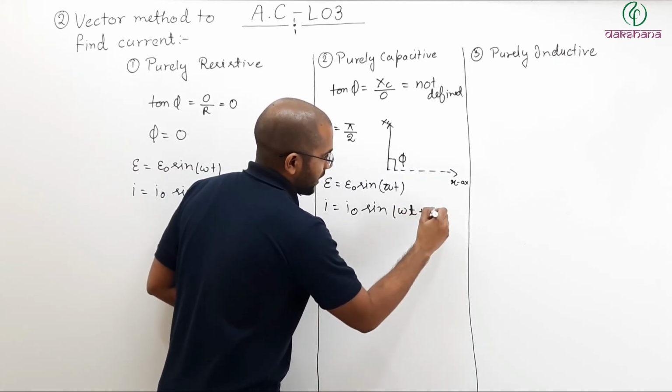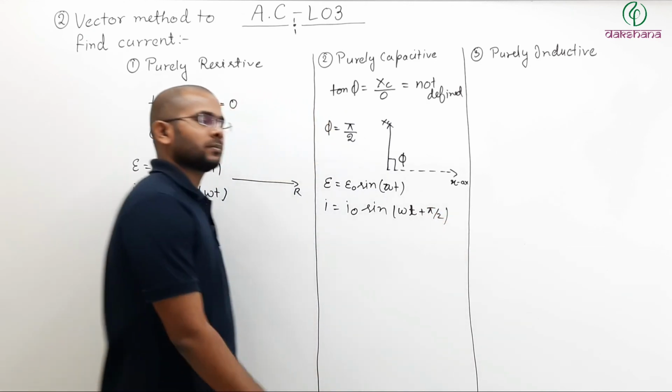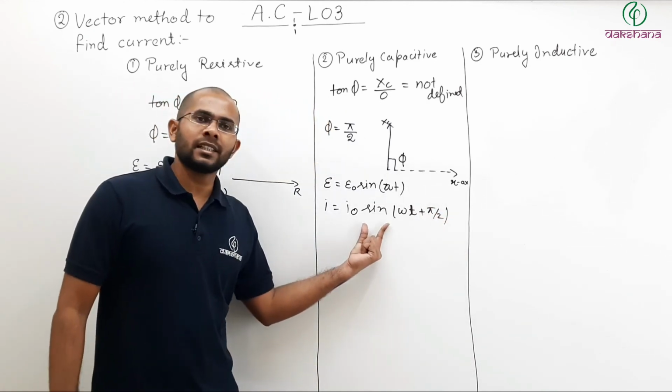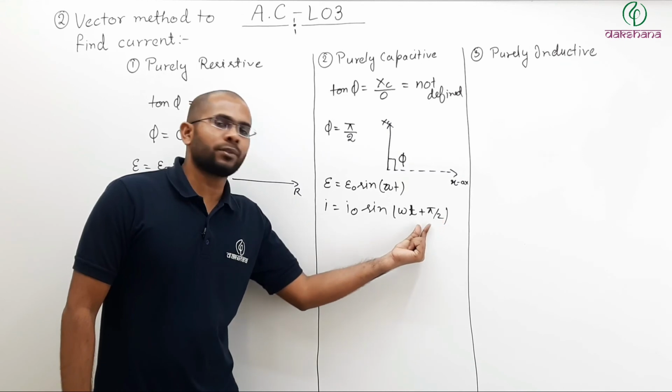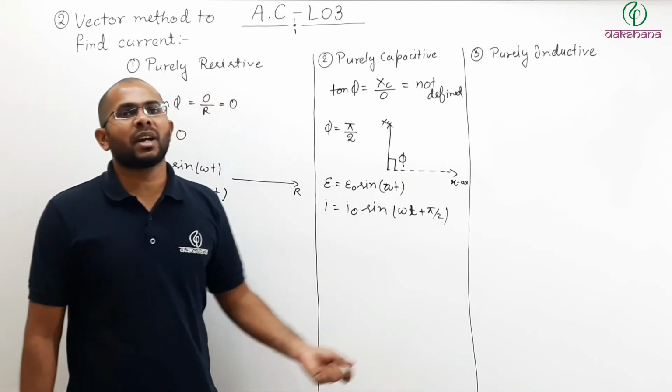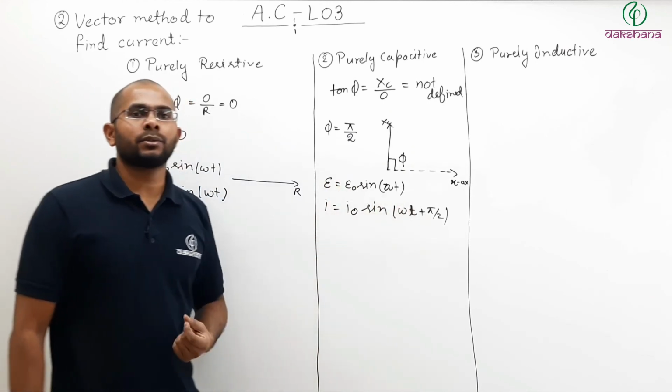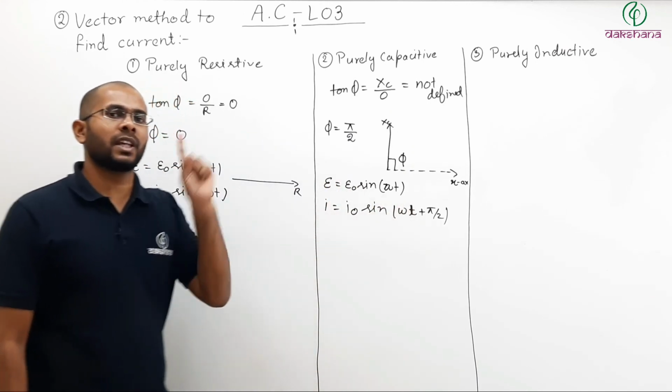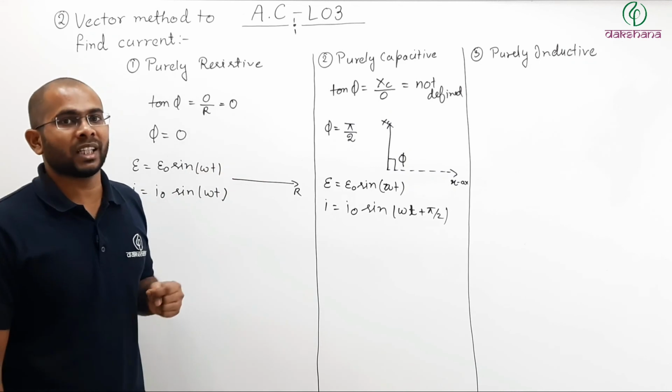And what is phi? Phi is nothing but pi by 2. So here current has more pi by 2 phase than your EMF. Current leads EMF by pi by 2. That is the same result which we had obtained using the mathematical way.